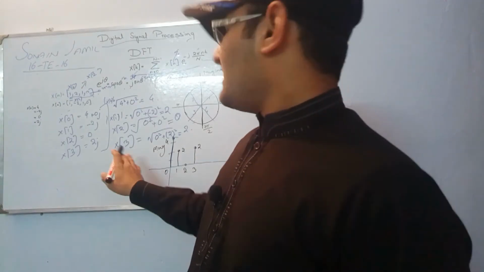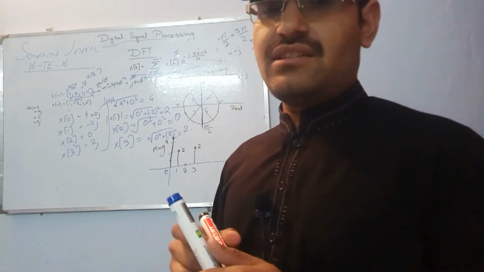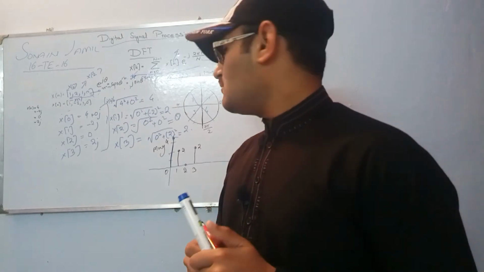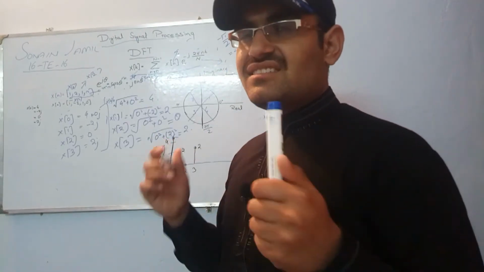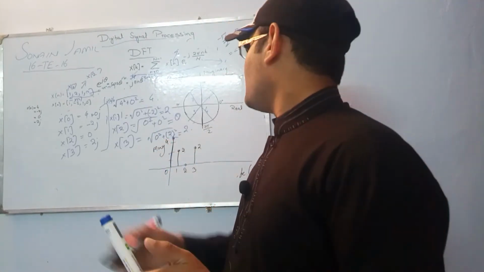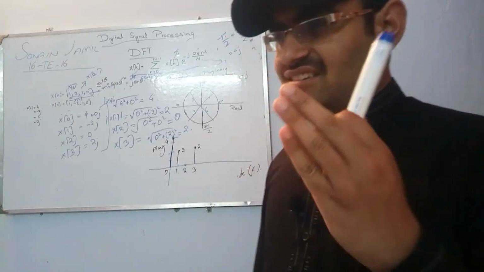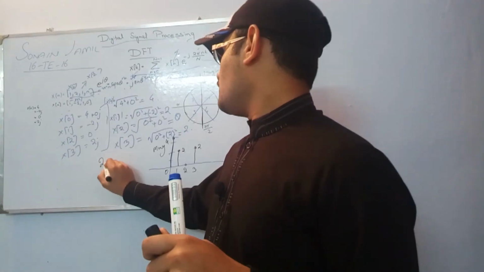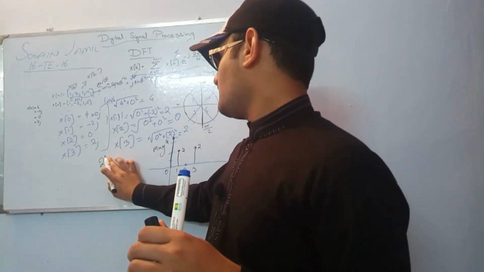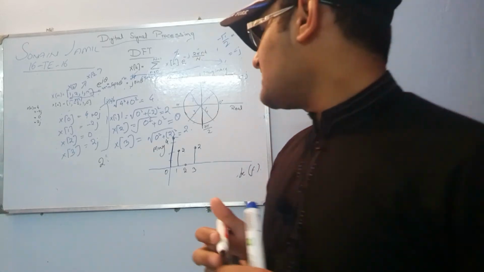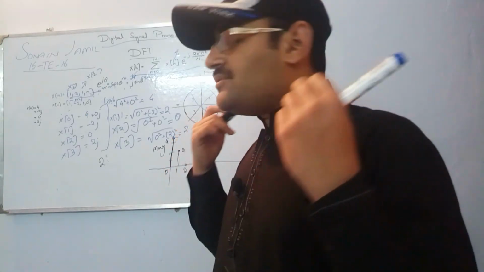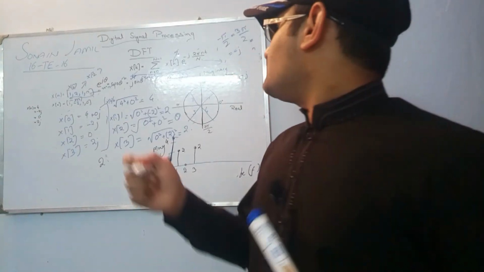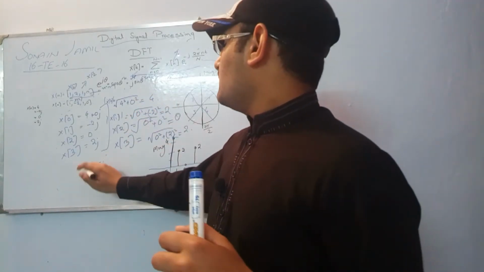So here let me tell you another concept, that is the Nyquist theorem. So what is the Nyquist theorem? The Nyquist theorem tells us that if the sampling frequency is 2, what should be the maximum frequency? The maximum frequency should be 1 Hz. Let me explain with an example.